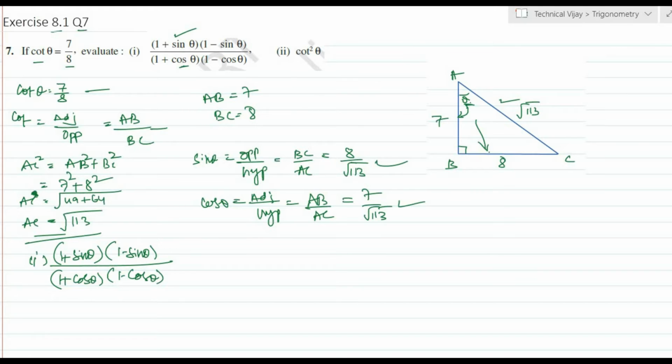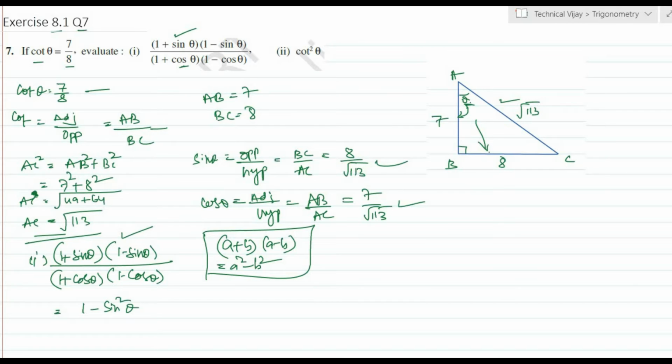Here this is of the form A plus B into A minus B, and the formula is A square minus B square. So this can be written as 1 square minus sin square theta, that is 1 minus sin square theta, divided by 1 minus cos square theta.